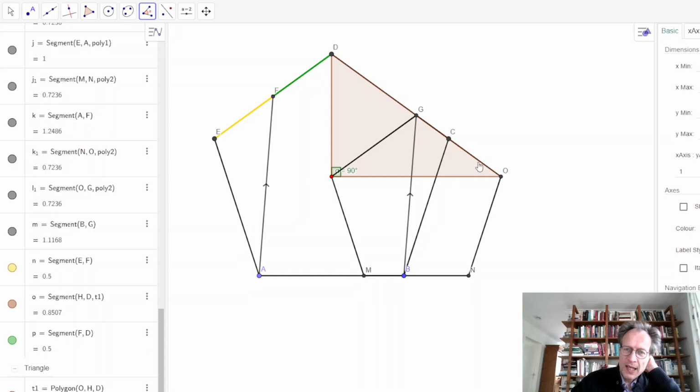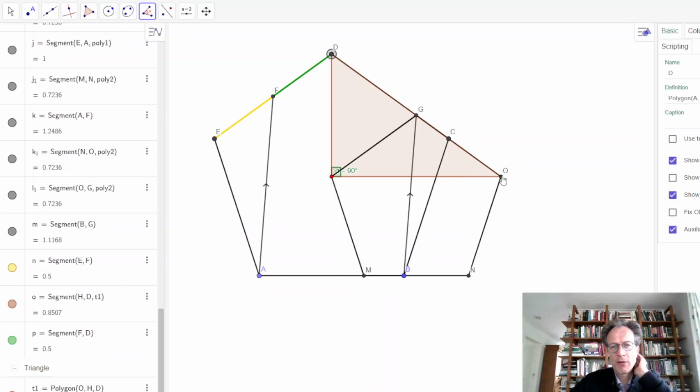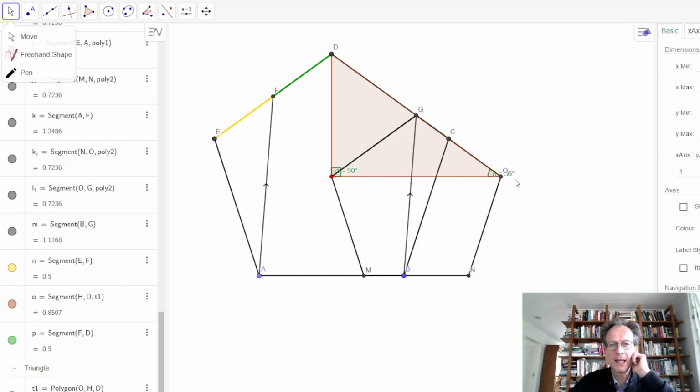Also, what's easy then, and that's very well known in the pentagon, that here we have a 36 degree angle. That will come in handy later on, but it's not useful now.